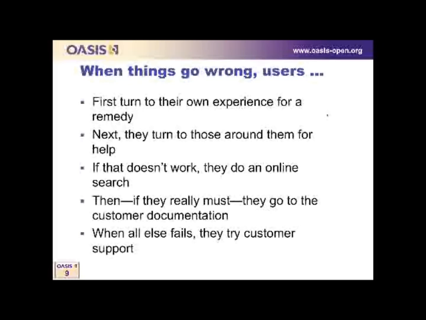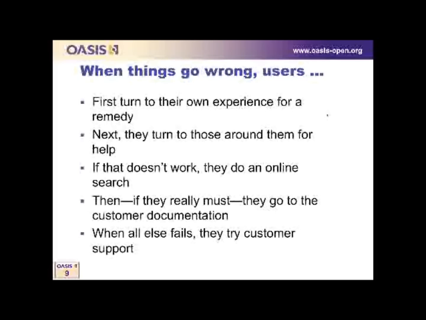So what do people do? Of course, we know that users are reluctant to use documentation in the first place, right? They try their own experience to find a solution to a problem. They might ask people around them to find a solution to the problem. If that doesn't work, they might go to do an online search. Then, if they really must, they go to the documentation, to the customer documentation.